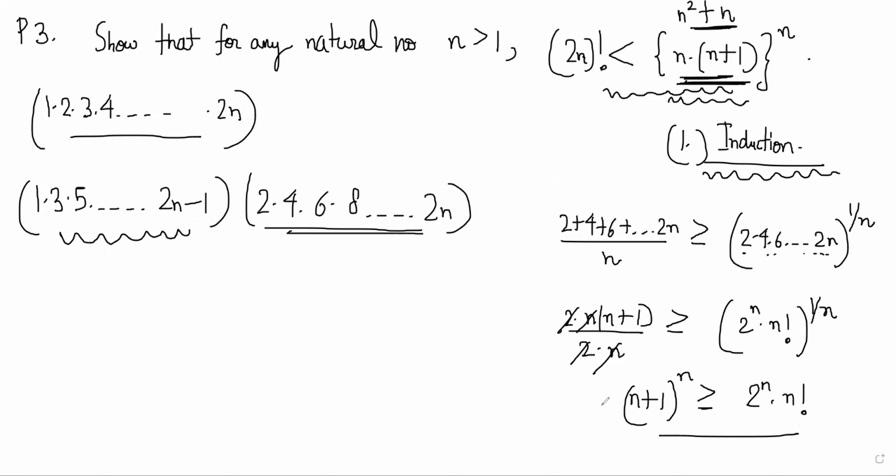Let's see what we get from here. Now this is actually slightly better than before because at least we are getting n plus 1 power n. Let's see what happens here.